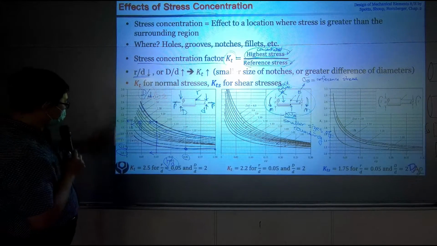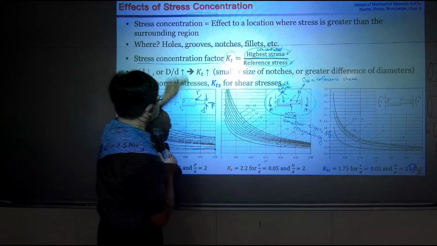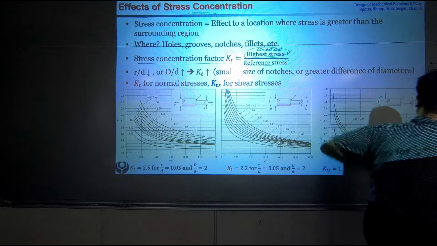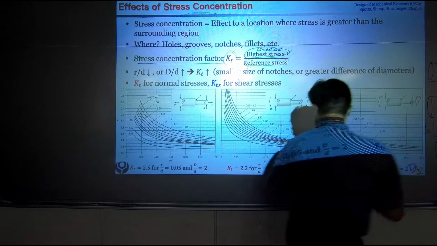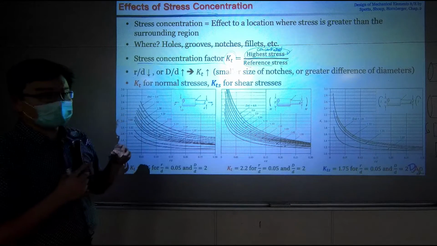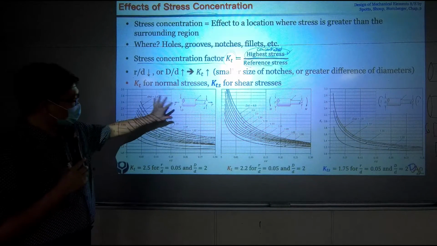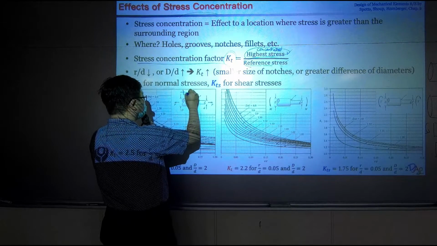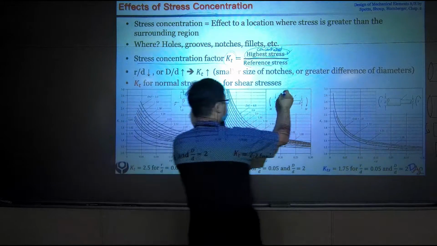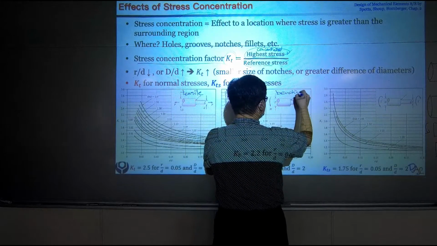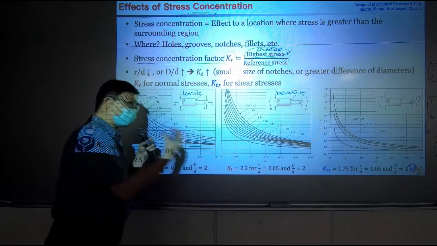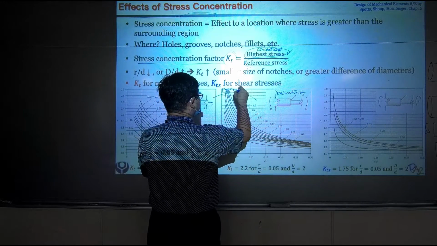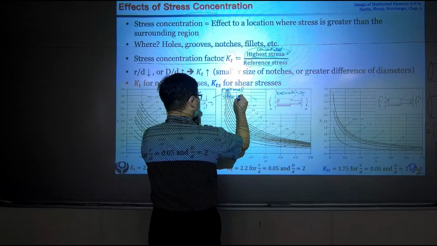Okay? For tensile and bending, this is basically pure tensile stress, and this is bending. They both apply normal stresses to the workpiece.